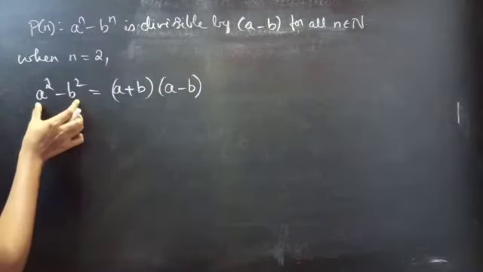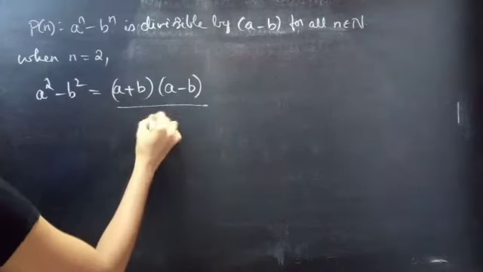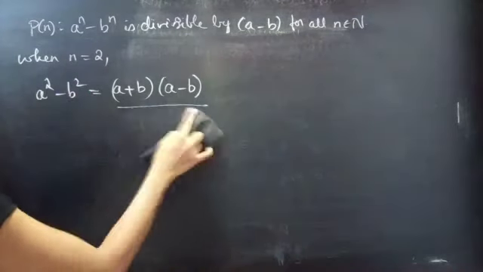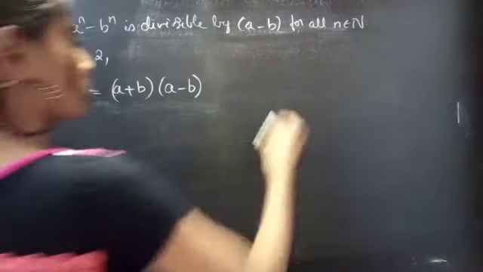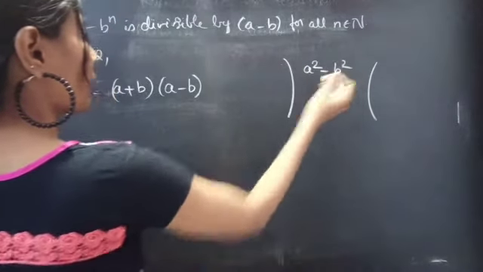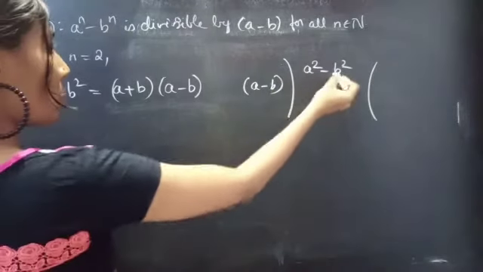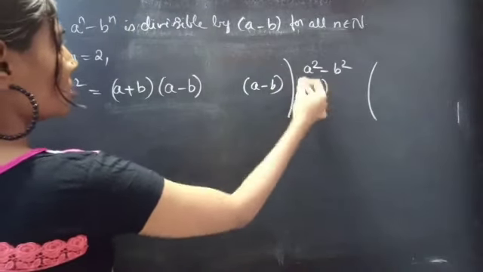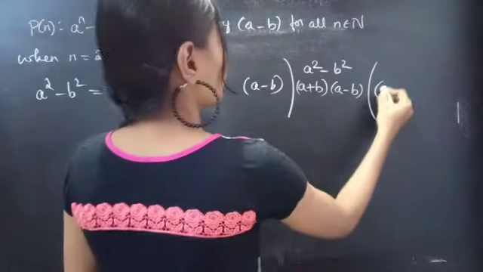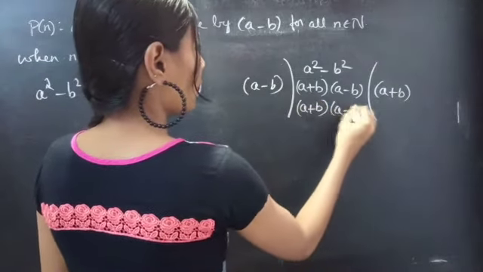Again, it is a multiple of a minus b. So we can easily divide a square minus b square by a minus b. We have to check whether a square minus b square is divisible by a minus b or not. Since we know that a square minus b square is a plus b into a minus b, a minus b into a plus b gives a plus b into a minus b, right?